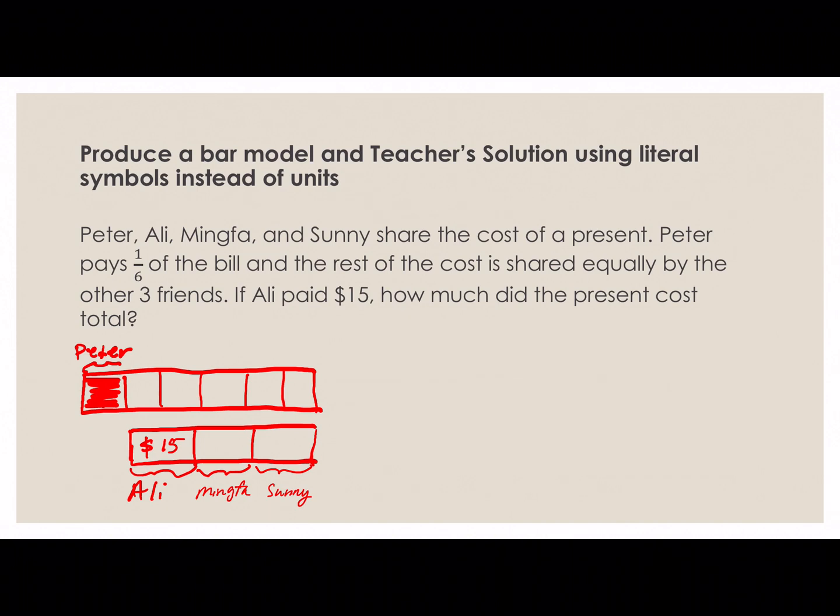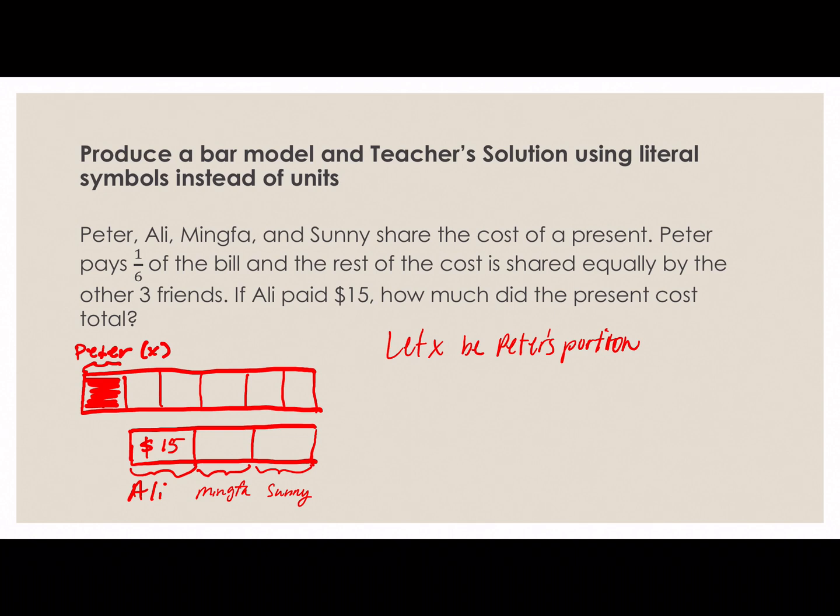So we're going to let X be Peter's portion. We need to have a variable because we have X here for Peter, and then we just need to multiply it by 6 to get up to the whole present.